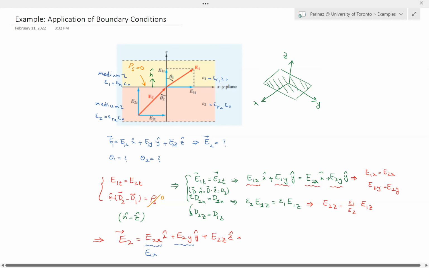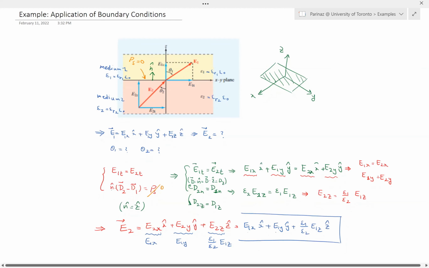I found out E2y is equal to E1y. E2z is equal to epsilon 1 over epsilon 2 E1z. So given the vector E1, we found vector E2: E1x x hat plus E1y y hat plus epsilon 1 over epsilon 2 E1z z hat. Great. Remember, these are known in the question that is given to you.